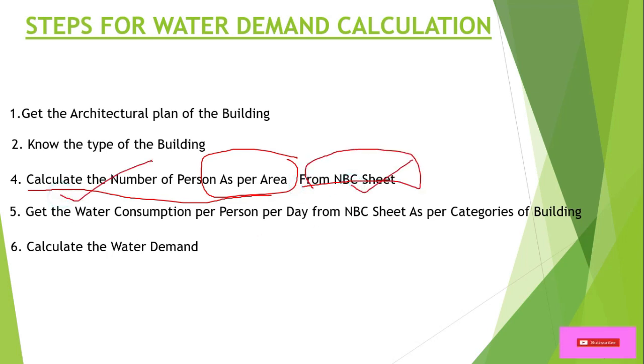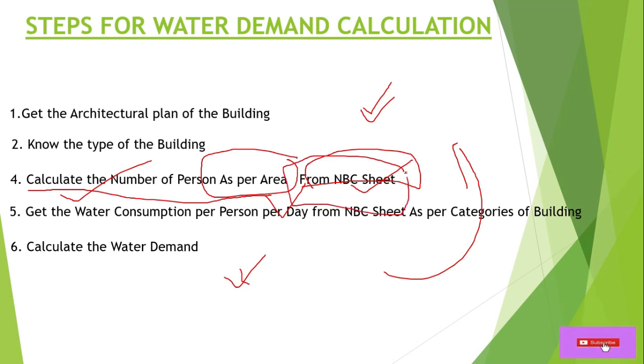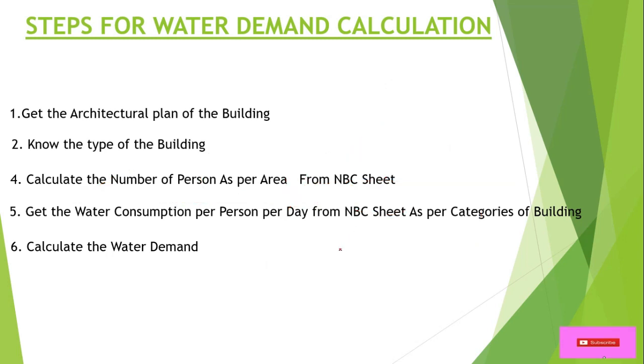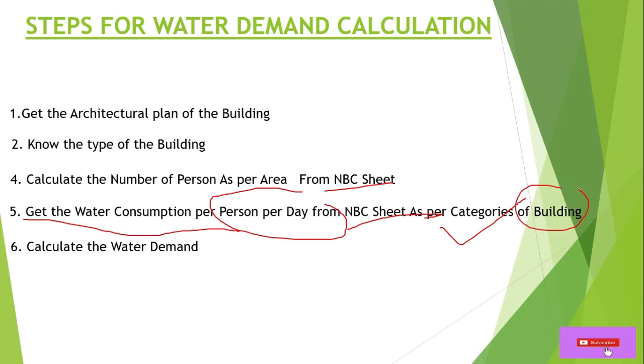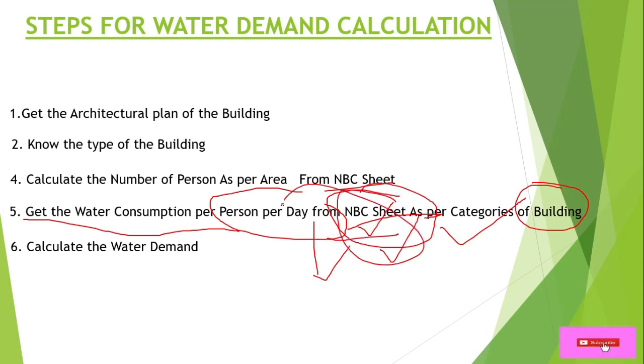So the next step, we have to calculate the number of occupants, meaning the number of persons who will be inside the building as per area from the NBC code, National Building Code. Then get the water consumption per person per day from the NBC sheet as per the category of the building. So we can get the water consumption per person for the building from the NBC sheet, National Building Code. Then finally calculate the water demand.